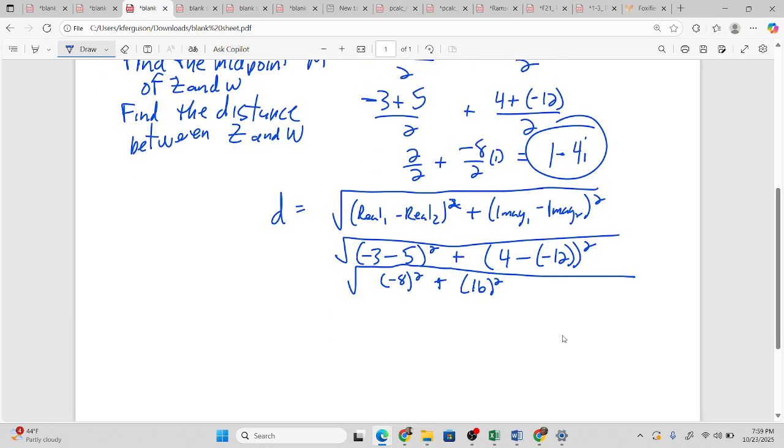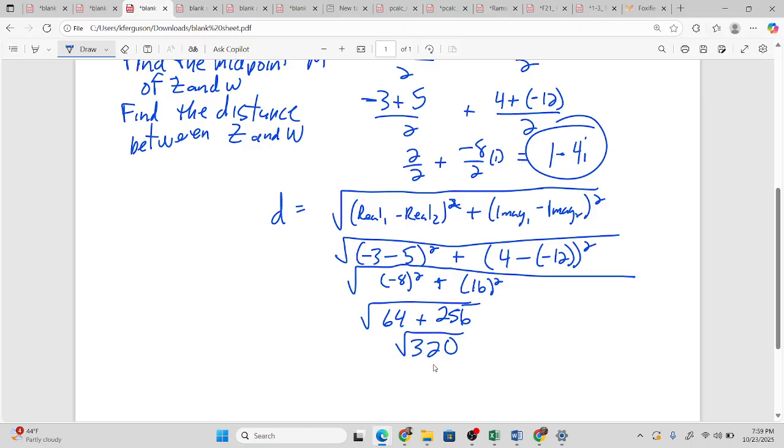All right, 16 squared, I think, is 256. So that's going to be 64 plus 256. So that's going to be 0, carry the 1, 11, 12, 1. So 320. 320 is not a perfect square.